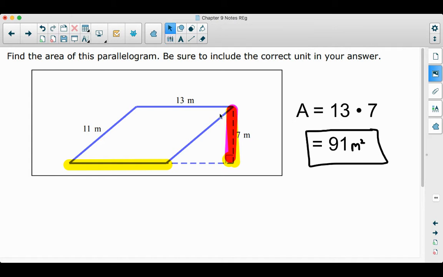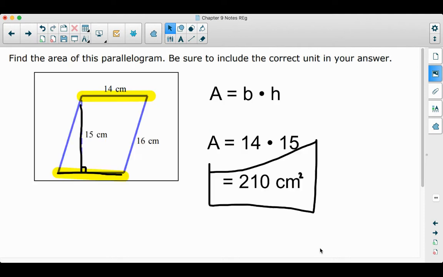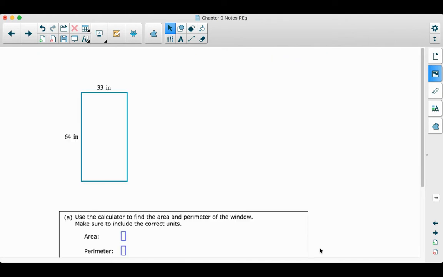And when they did that, it's the same distance as it would be here. They're just showing it to you in a different location. But again, I would use 13 and 7. I would not use 11 because 11 is not perpendicular or 90 degrees from any of those things. That's area of parallelograms.